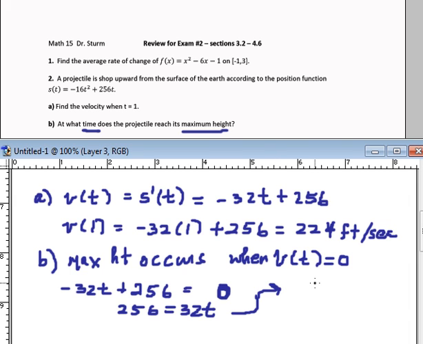And we get that t is equal to 8 seconds. Okay, let's look at part C.